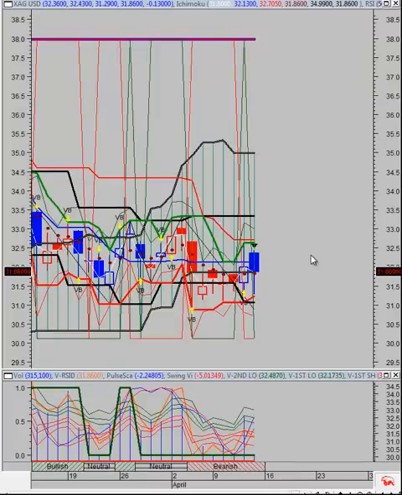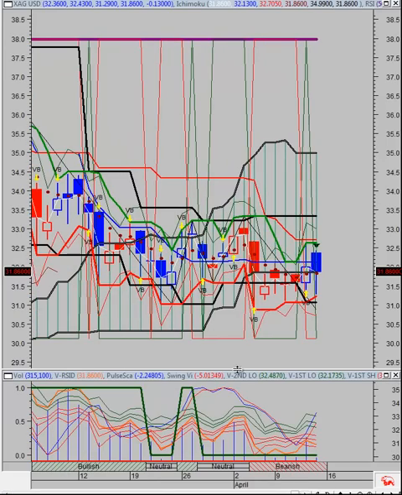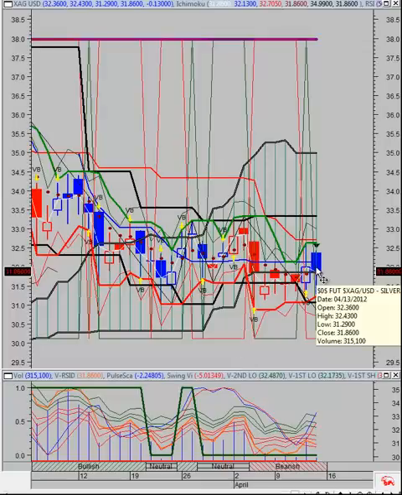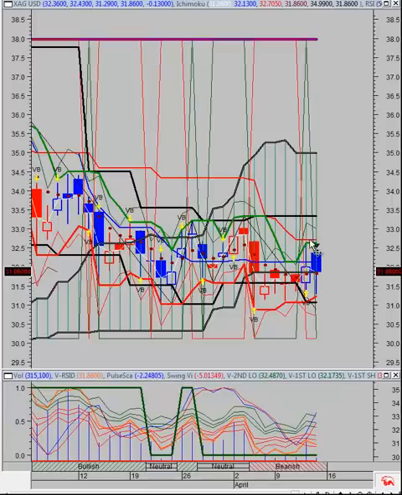All right, looking now at a chart of silver. As you can see, it's been going sideways for quite a while, and no real direction as of yet. Pretty much we're trading inside of the Kumo cloud for the most part, so really not a whole lot of direction here.